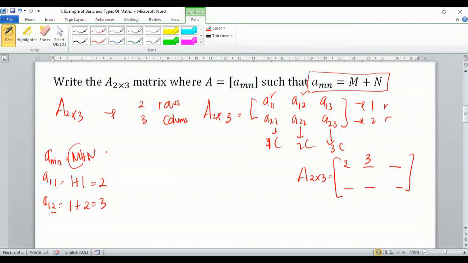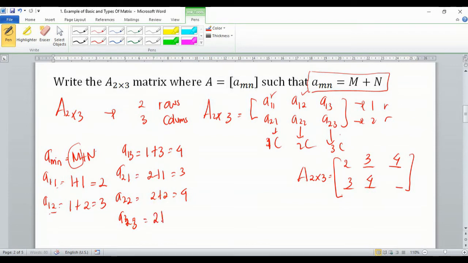How about A13? A13 is equal to 1 plus 3, equal to 4. Okay. How about A21? So this one is 2 plus 1, equal to 3. How about A22? 2 plus 2 is equal to 4. How about A23?